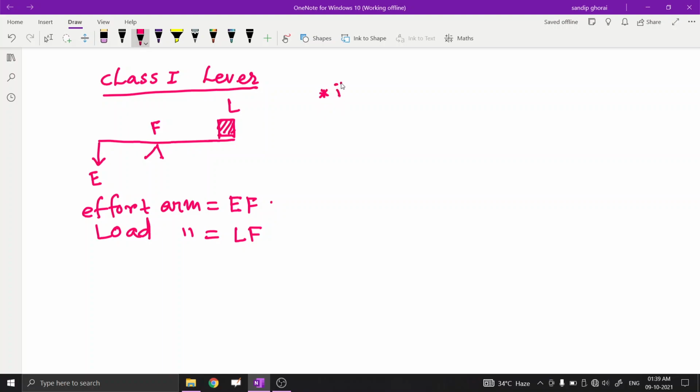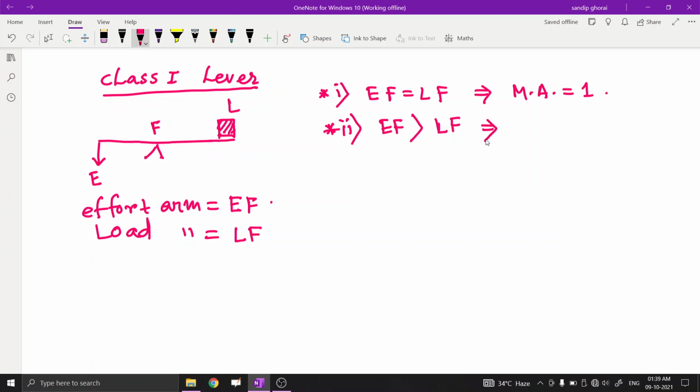So first condition is when EF is equal to LF, then mechanical advantage is equal to 1. The second one is when effort arm is greater than load arm. Then what happens? We know load by effort means effort arm by load arm.